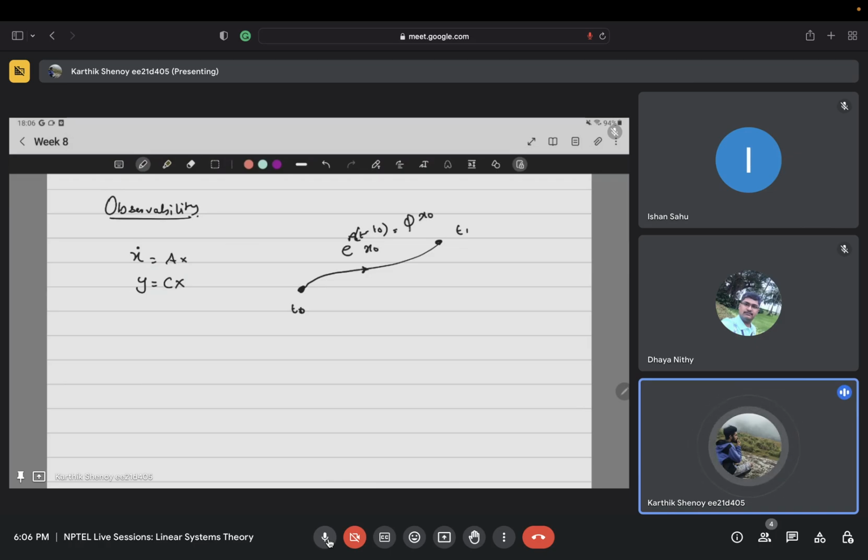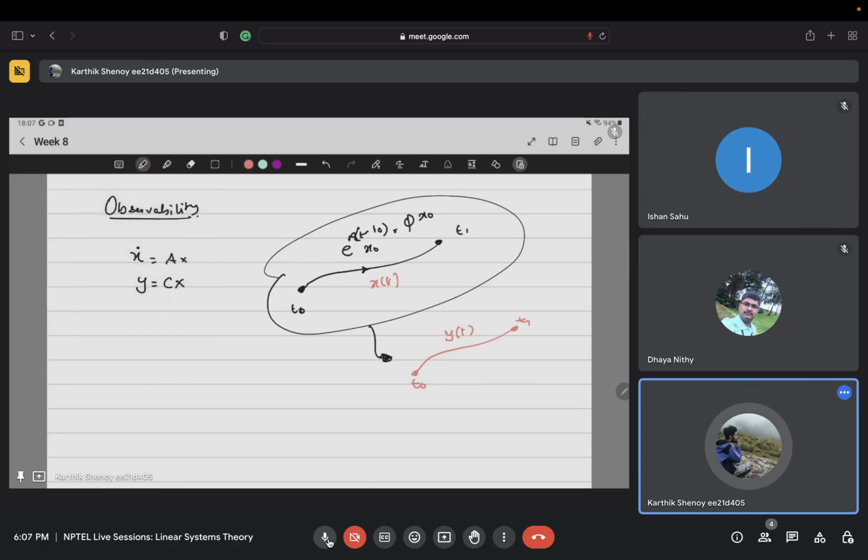I am only able to see a certain part of the trajectory, t0 to t1. It's some linear combination of the trajectory, if you want to think of it like that. So this is my y of t, this is my x of t.